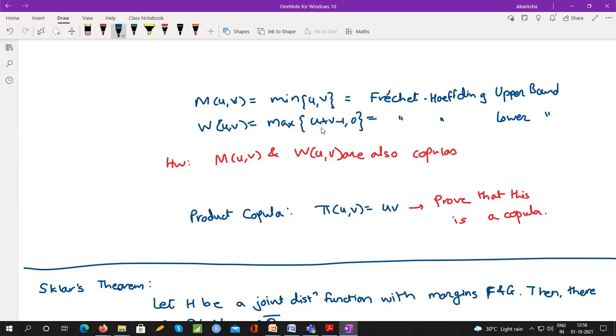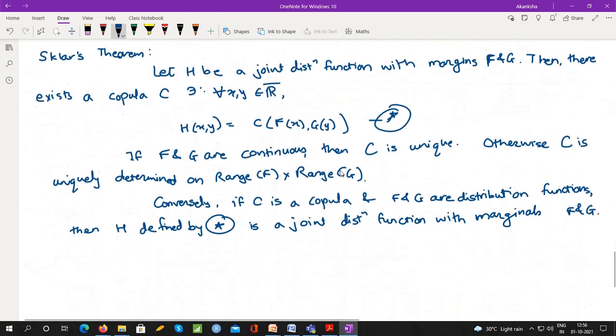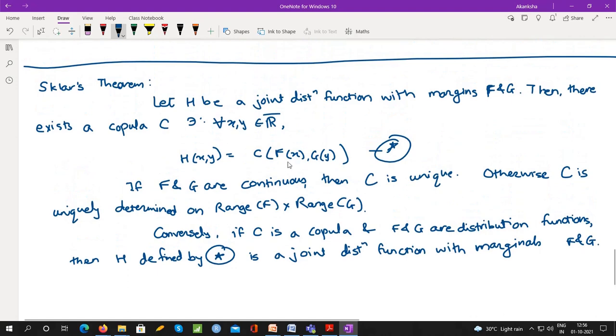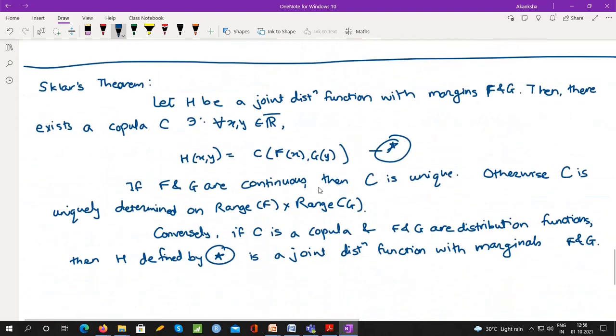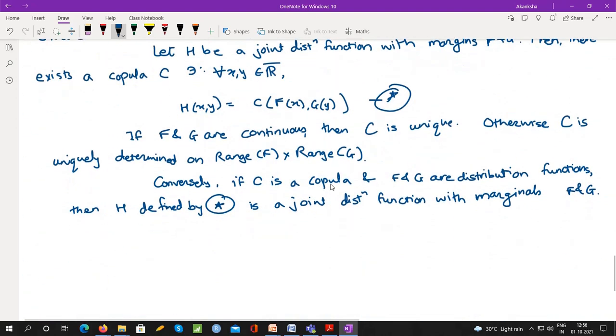Otherwise, suppose I use minimum of u, v. Minimum of u, v means what? Minimum of F(x) and G(y) would become one joint CDF. Similarly, maximum of F(x) plus G(y) minus 1 comma 0 becomes another CDF. So in this way, if you have a copula, you can construct joint CDFs, and you can construct many joint CDFs from two given marginals. That is the beauty of Sklar's theorem.